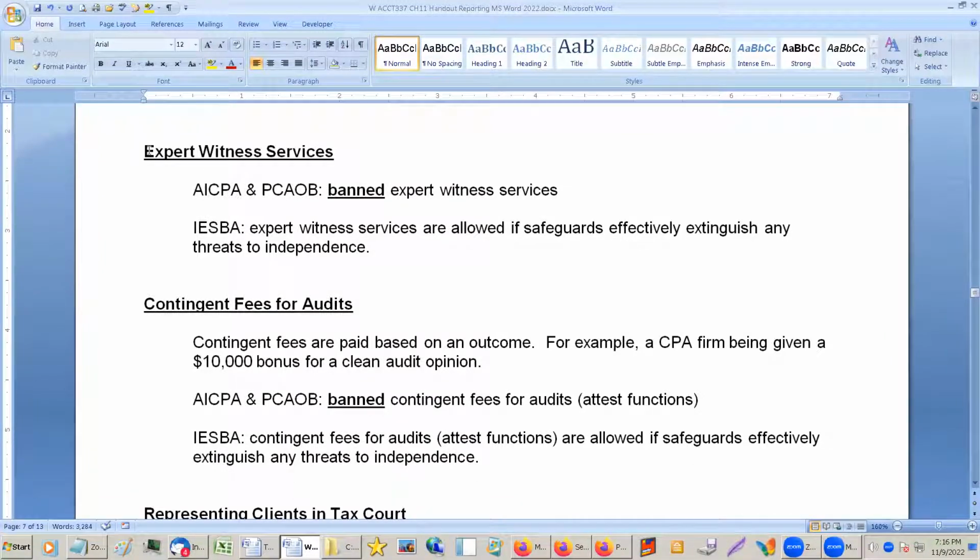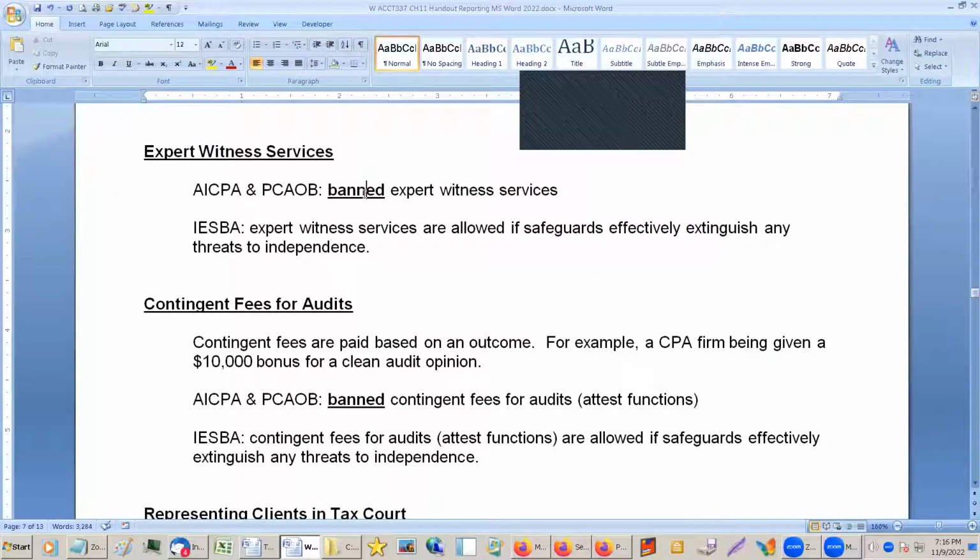Okay, expert witness services. Expert witnesses are used when a company goes to trial for a lawsuit or something like that. You bring in an expert witness, and there are firms that do business that way. They'll be an expert in whatever, and they'll do business. Now, if you're a US firm, it's basically banned, with a small loophole: if you're representing an entire organization and one of the members is one of your clients, for instance, if you're acting as an expert witness for the auto industry, which includes 8 companies, and one of them is a company you audit, then it's allowed.